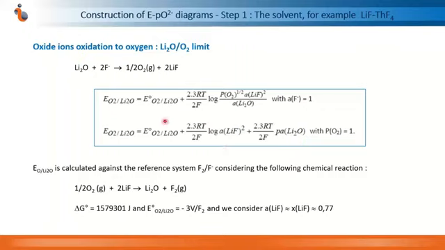We observe that the standard potential is calculated from the Gibbs energy. The activity of lithium fluoride is taken equal to its mole fraction. And then we can draw the variation of this potential as a function of the activity of lithium oxide.